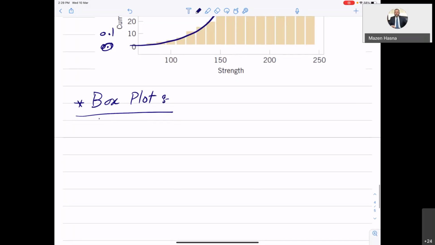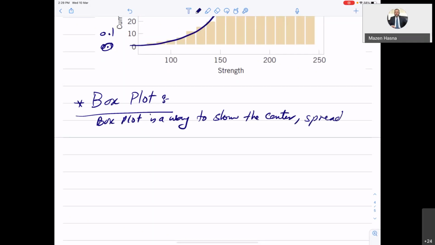A box plot is a way to show a center, spread, shape, and outliers of the data.